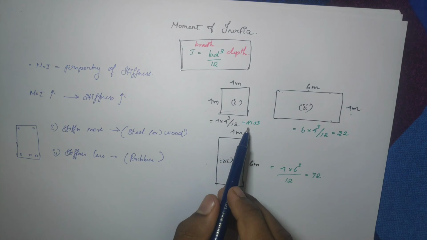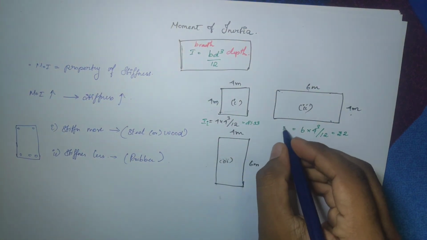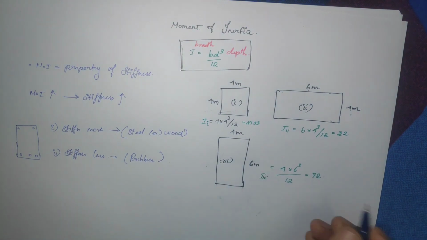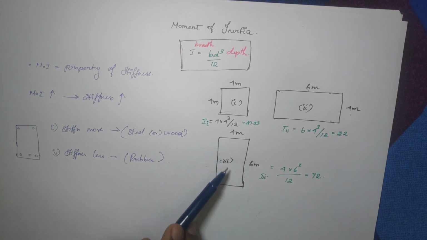Just see the difference between the moment of inertia of the first section, the second section, and the third section. It is increasing rapidly for the section which has more depth. So let's conclude. A beam or whatever component it is with a large depth has more inertia.